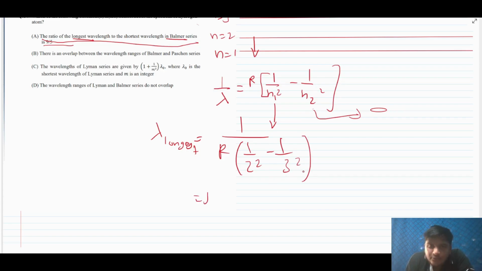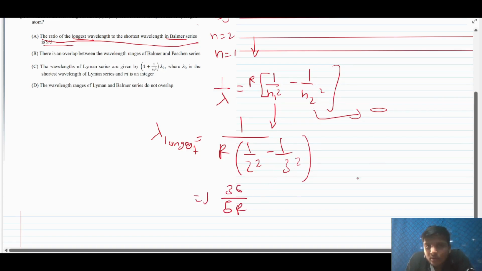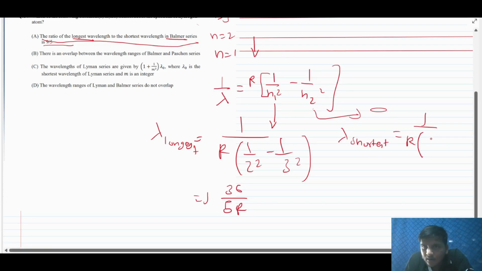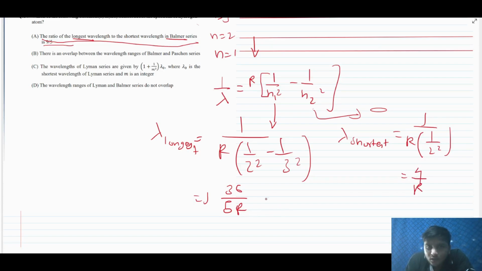This is 9 minus 4, that is 5, over 36, so 36 by 5R. And lambda shortest will be equal to 1 by R times 1 by 2 square, that is 4 by R. Now the ratio of lambda longest by lambda shortest: 36 by 4 is 9, so 9 by 5. Hence our option A is correct.